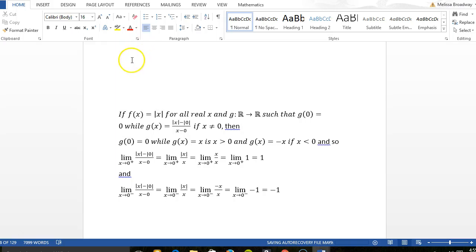You get an hourglass. If you have a sharp point, that is always indicative that you're not differentiable at that point. I think I can safely say that.